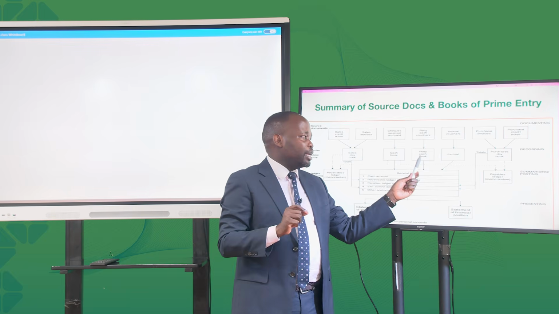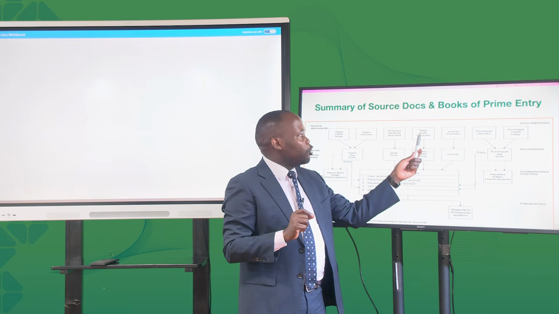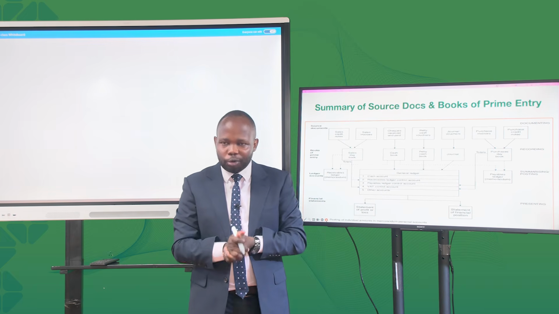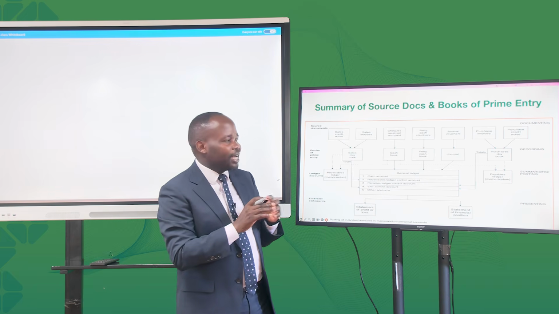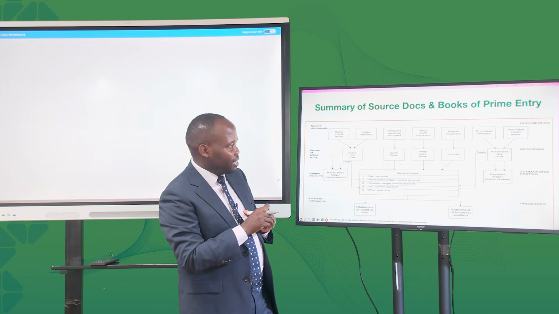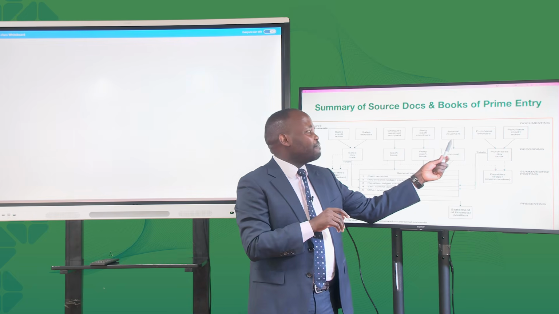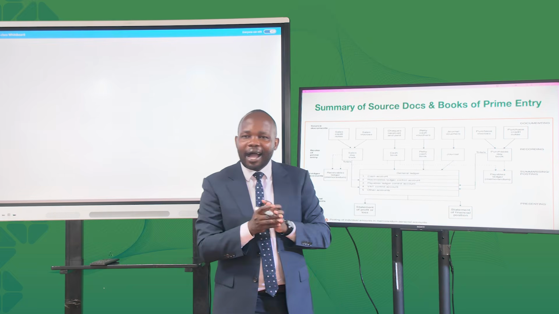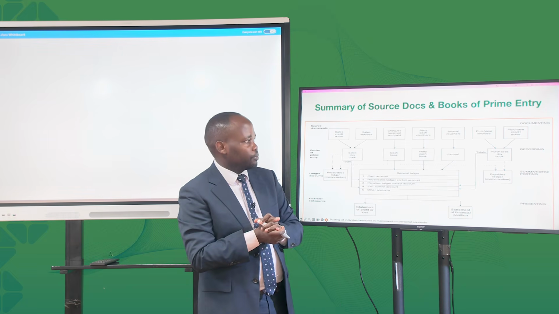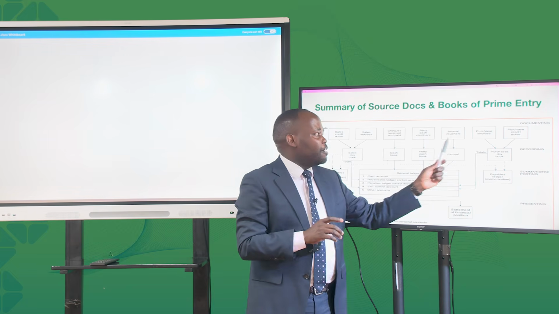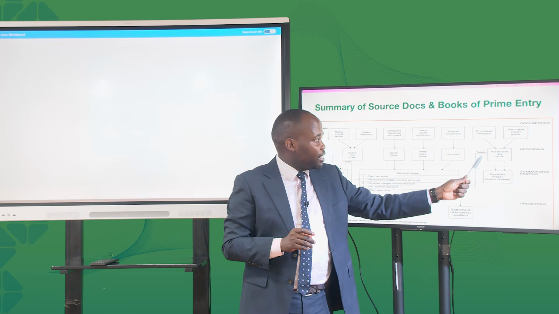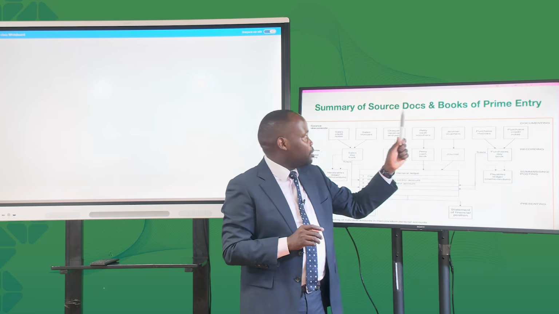We record them in the petty cash book. So the document is petty cash vouchers. We post it in a petty cash book. These documents are important for managing our businesses. If we have any journal vouchers, they are posted in what we call a journal entry. Finally, if we have purchase invoices and purchase credit notes, they are posted in the purchase day book.